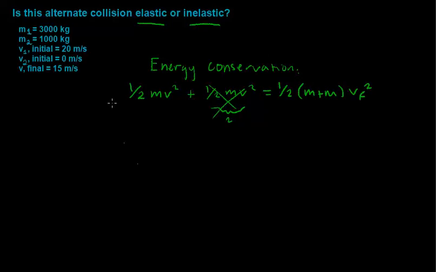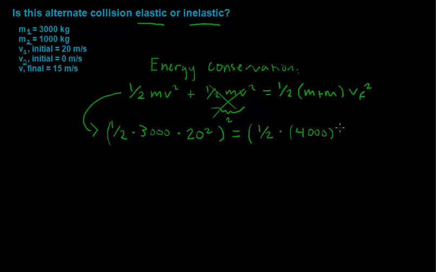So just following the same procedure, we're going to bring this down and write in all of the numbers that we know. Let's get a parenthesis. 1/2 of the first rock's mass, 3,000 kilograms, times the first rock's initial velocity of 20 meters per second squared, and then plus 0, so this is just going to be standalone, is going to equal 1/2 times the two masses added together, which in part B we just found was 4,000 kilograms.